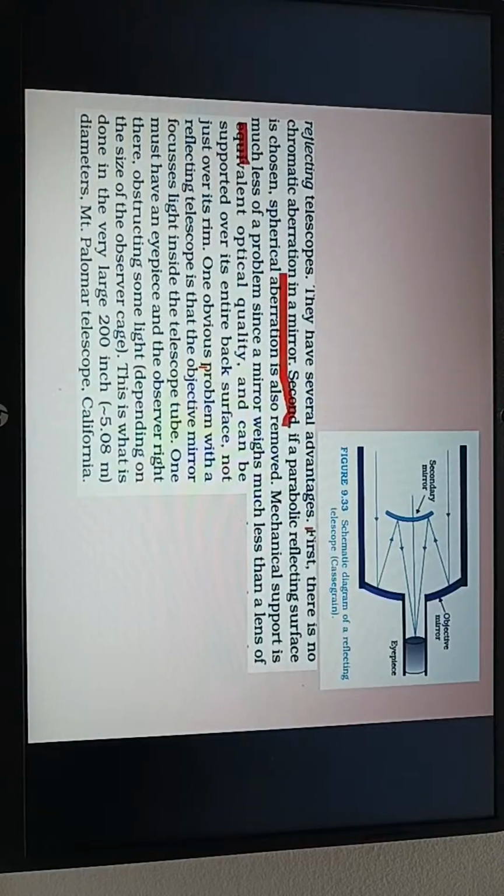So what are the disadvantages? Here it is written. So the focusing light is inside. Inside means here.